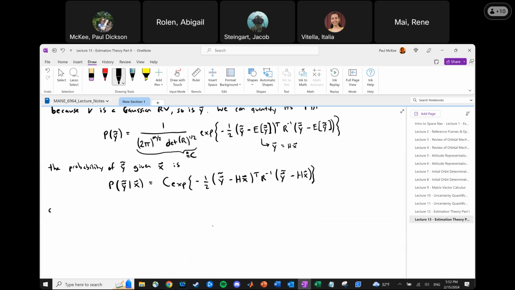Our goal, now that we have this equation, is to find x star that maximizes the probability of Y given x star.